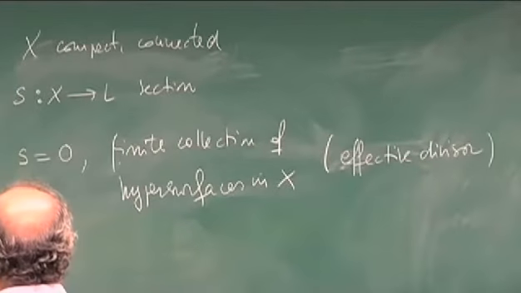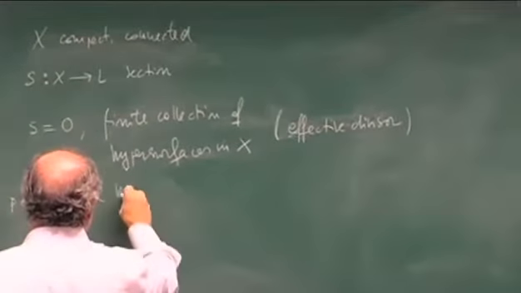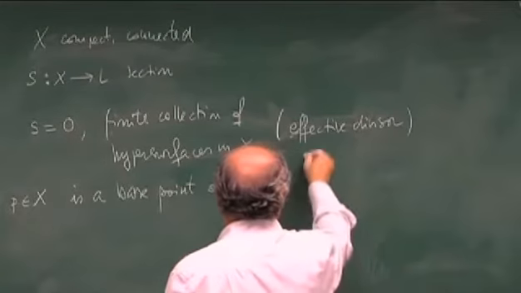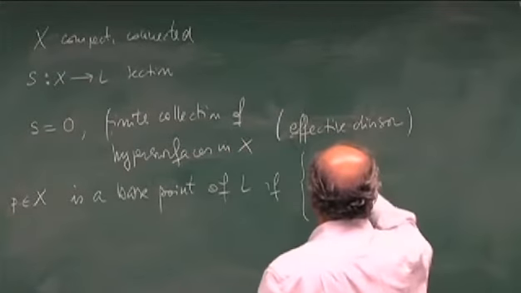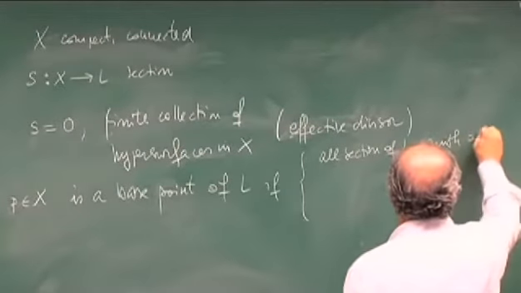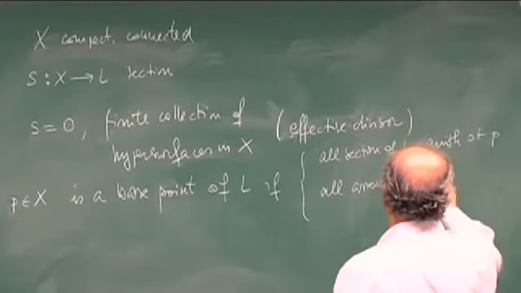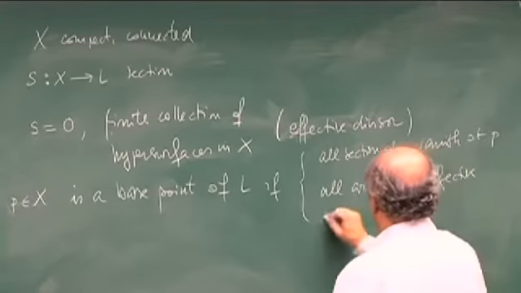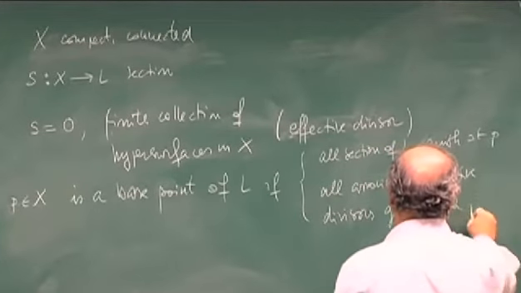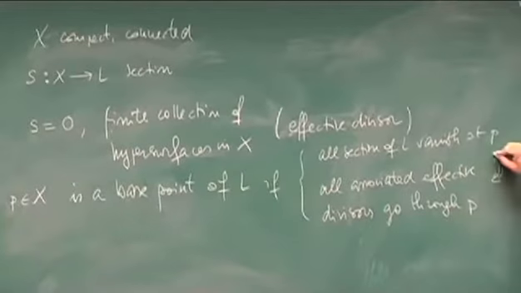Moreover, we call a point P in X a base point of L if, and these two statements are equivalent, all sections of L vanish at P, or all associated effective divisors go through P. You see that by the definition, these two statements are equivalent, right?